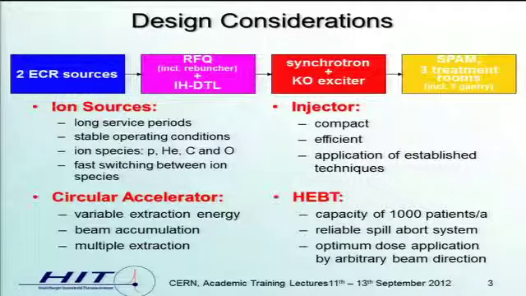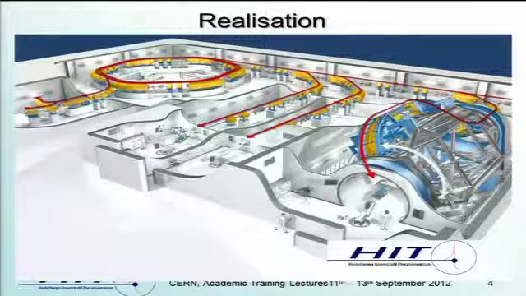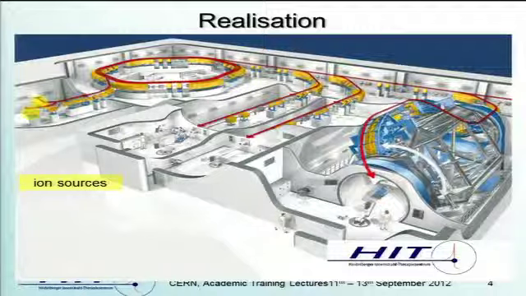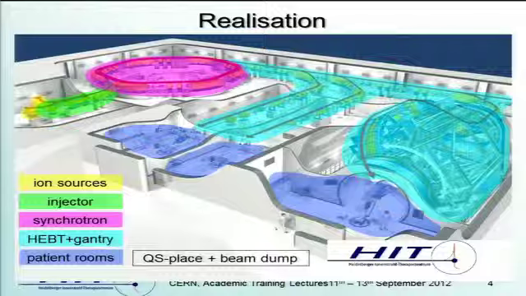This is what we thought for the principal design. The realization is shown here. We have the ion sources over there, yellow marked, the short injector, the synchrotron, the high energy beam transfer lines, the gantry, and the patient treatment rooms, three in our case.